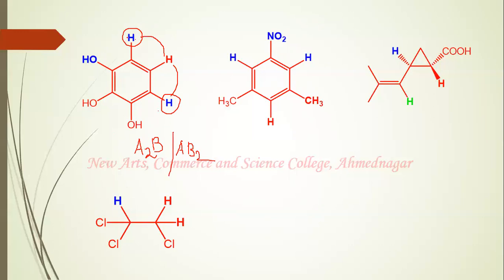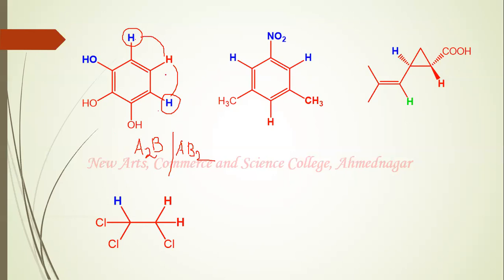You can call this A or this B. But the most convenient way is to name the proton which is shielded using alphabets like A and B, and the proton which has more deshielding, or a higher delta value, should be named using the next alphabet.